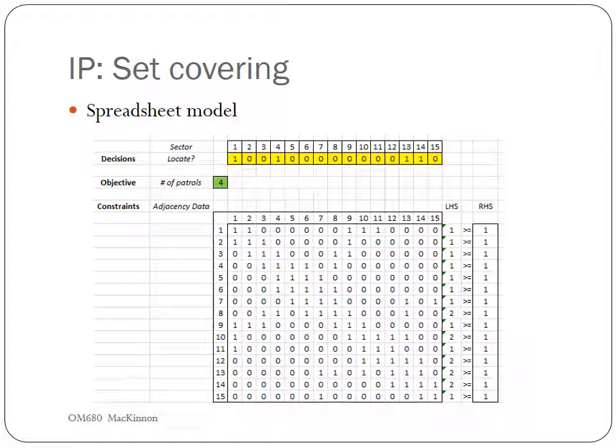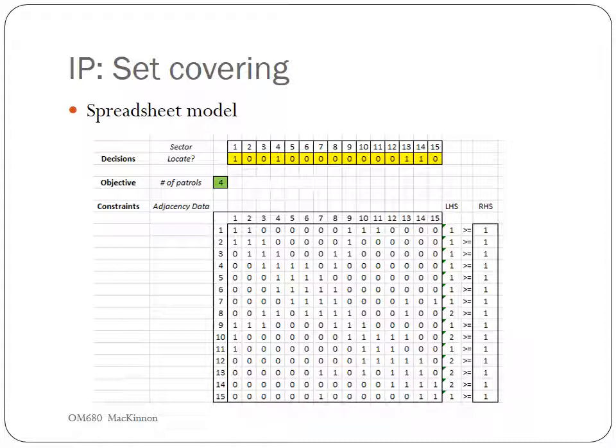In the adjacency array, our left-hand side indicates that the solution, the sum product of the row times the decision variables, has to be greater than or equal to 1. What that means is every single region has to have a patrol that is adjacent to it if it's not specifically in it.